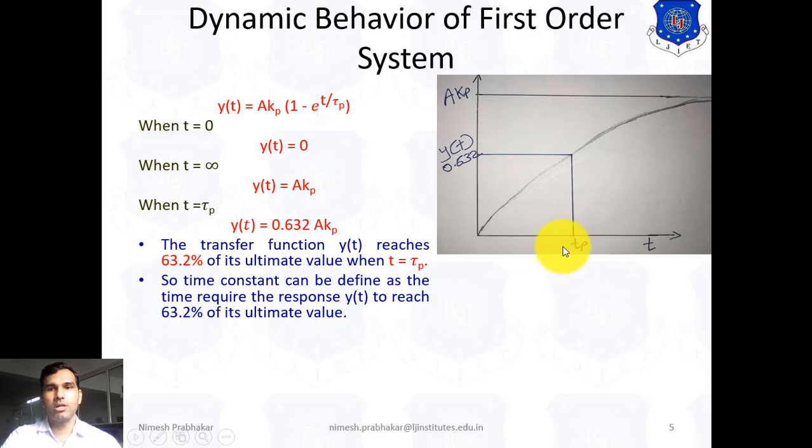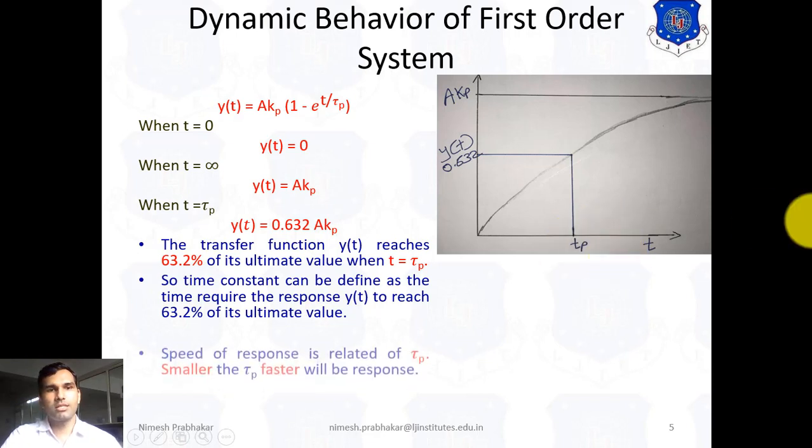The time constant represents the time required to reach 63.2% of its ultimate value. This ultimate value is nothing but A K_p, and y of t represents the response of the system. So this is the importance of the time constant. By using the time constant we can know the response of the system, that means we get its behavior.